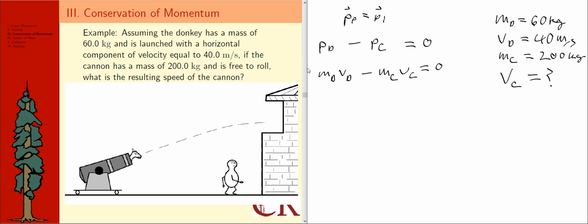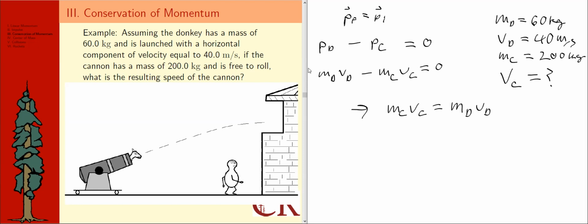Really, and this is equivalent, maybe the easier way to look at this is to recognize that if you added the cannon part of the momentum here on both sides, and then I'm actually going to write that part on the left because that'll be convenient for solving. But I think this is algebraically equivalent to what I have written up here.